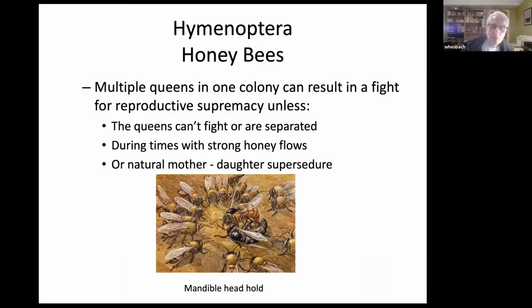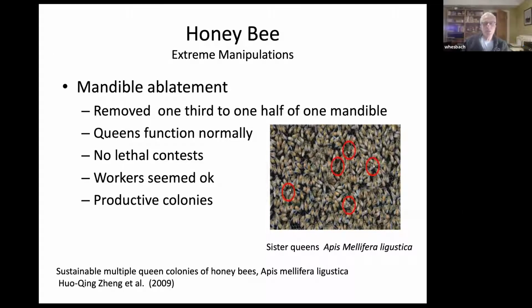All right, so now the Chinese knew about this mandible head hold, and they use it to their advantage. And here you're going to see an example of how this is sort of an extreme manipulation in this study. This particular scientist, I'm not certain how to pronounce his name, but I've read a lot of his work, and he did a lot of work with multiple queen colonies for the financial benefit of the Chinese beekeeping industry.